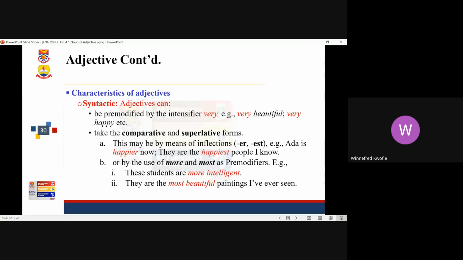Let's talk about the characteristics of adjectives. Thomas. Yes, madam. Please, I want to find out. You said adjectives are property words. So the word property here is referring to what exactly?